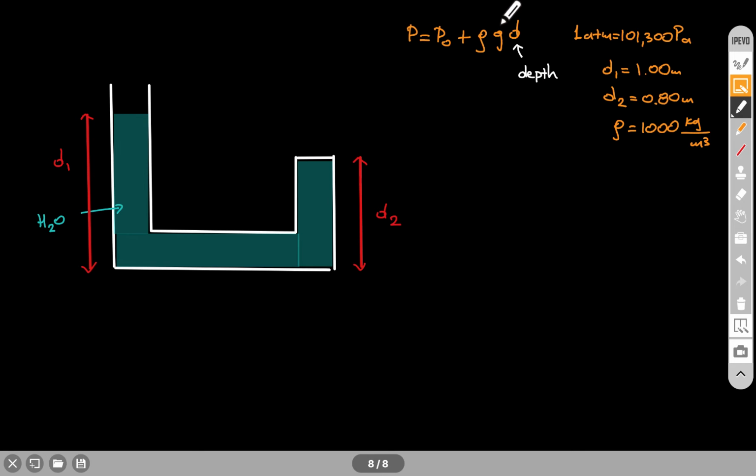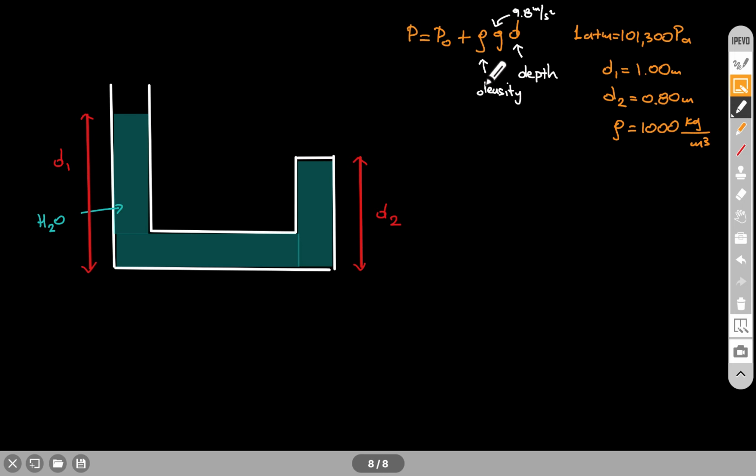You're familiar with the constant G for our planet. Roughly, this will be 9.8 meters per second squared. This is the Greek letter rho, and this represents the density of the fluid.